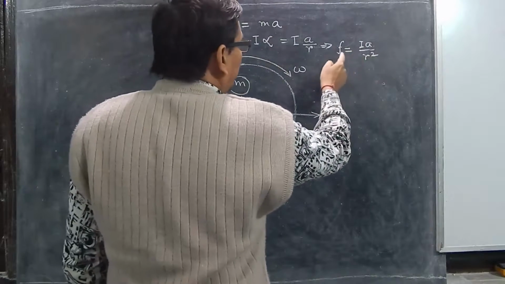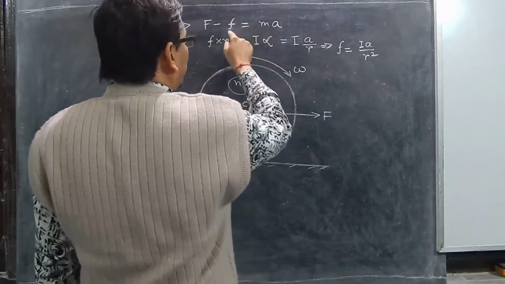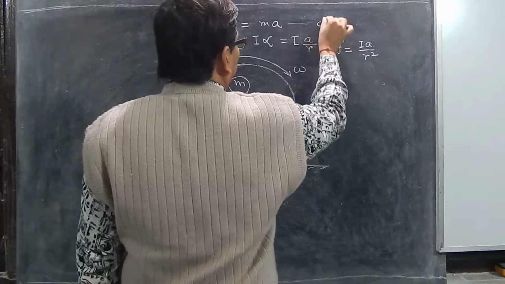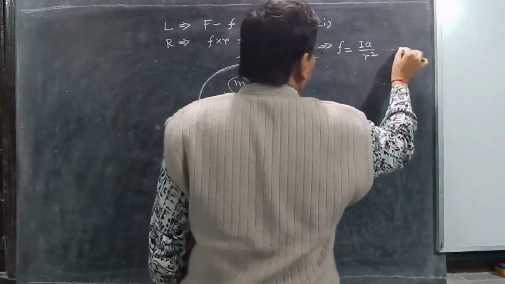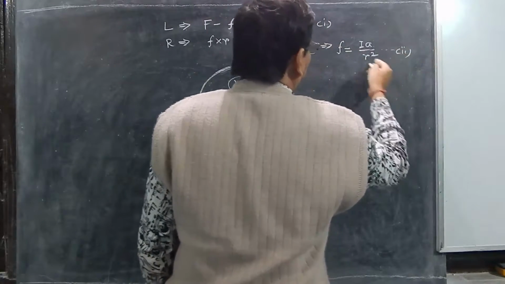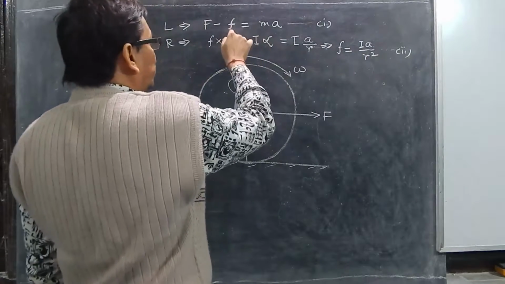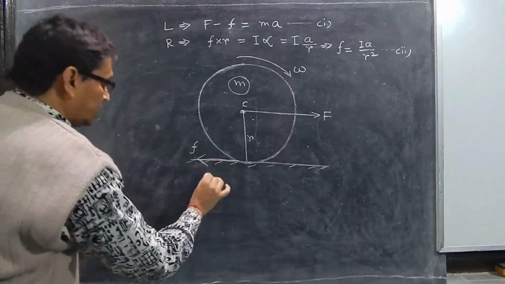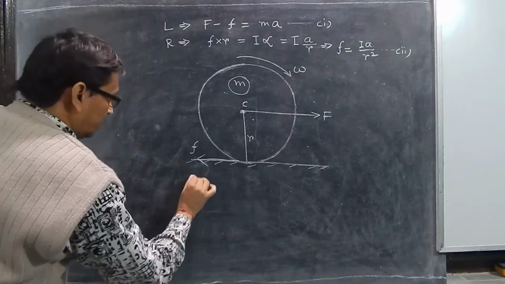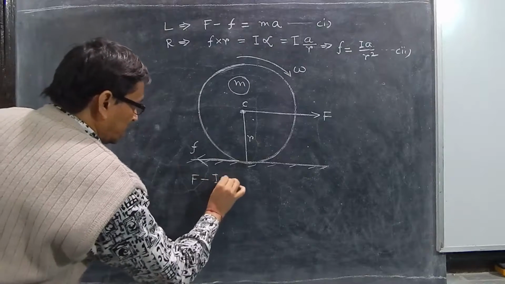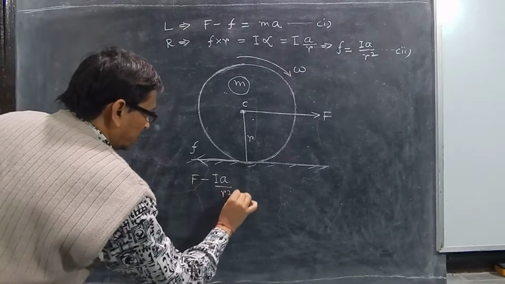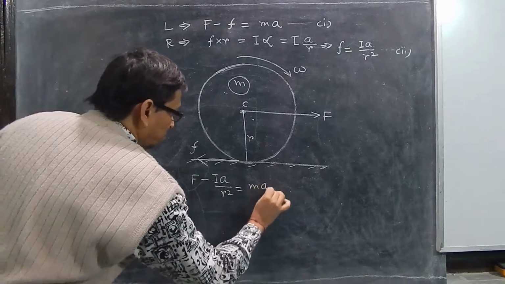So now we will replace this f here. Suppose this is equation number 1 and this is equation number 2. So we will replace this value of small f here, such that we will get F minus I a by R square, that is equal to m a.